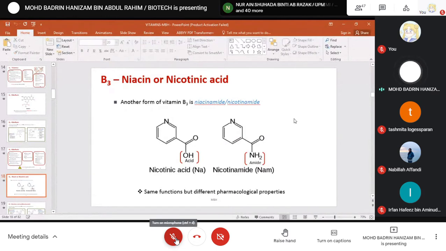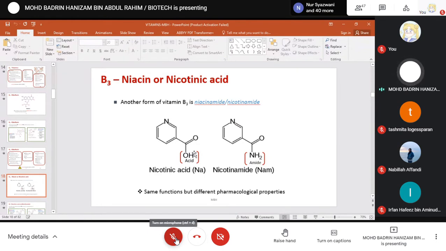Okay, we continue. So the next water-soluble vitamin in the vitamin B complex is vitamin B3, which we call niacin or nicotinic acid. Another form of vitamin B3 is niacinamide or nicotinamide.